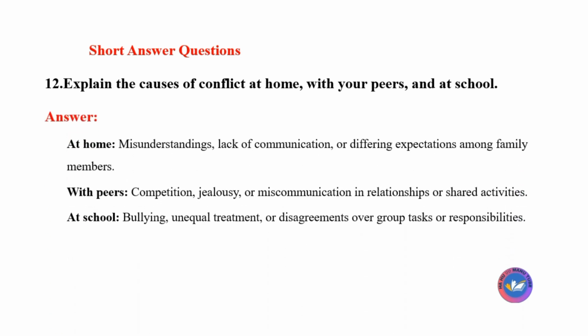With peers, competition, jealousy, or miscommunication in relationships or shared activities. At school, bullying, unequal treatment, or disagreement over group tasks or responsibilities. Conflicts arise when individuals have clashing interests, poor communication, or unmet expectations.